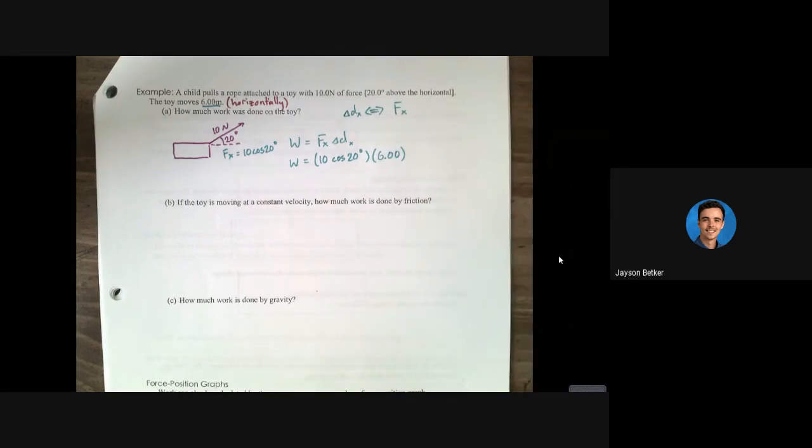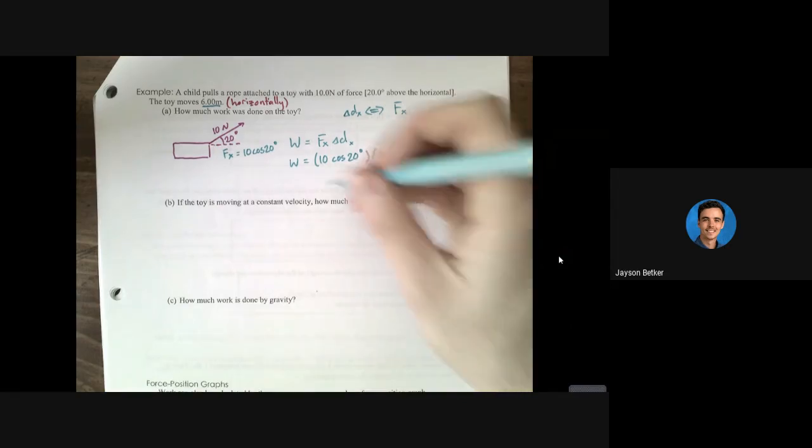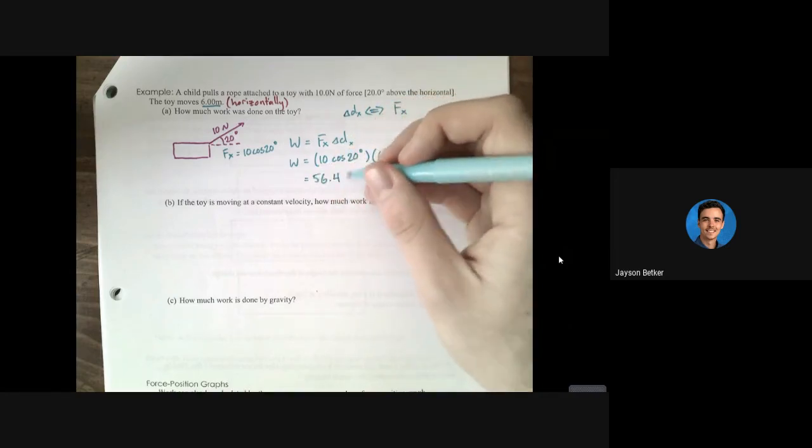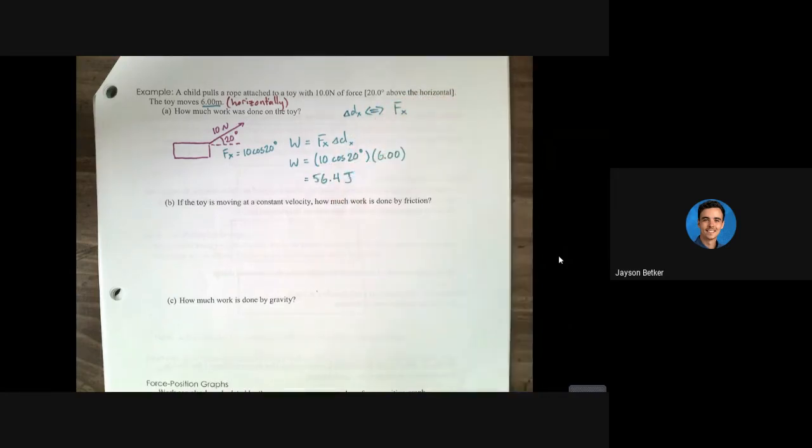If I plug in 10 cos 20 into my calculator, I should get 9.396926208, and then multiply that by 6. We want 3 sig figs, so our answer should be 56.4 joules. I like to use joules more often than I use newton meters.